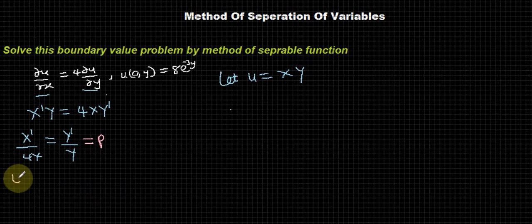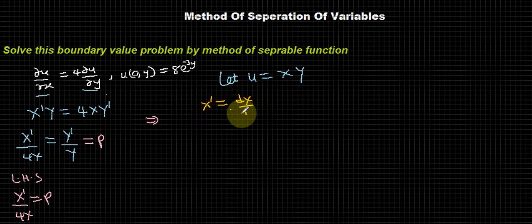Now let's deal with the left hand side first, which is X prime divided by 4X equal to p. X prime stands for dX over dx. So this is dX divided by 4X dx, which is equal to p.